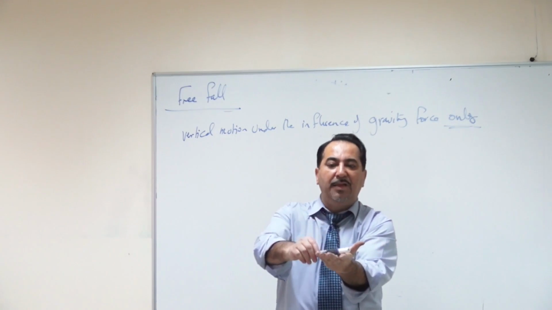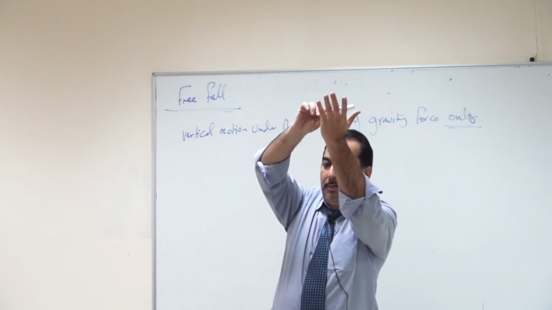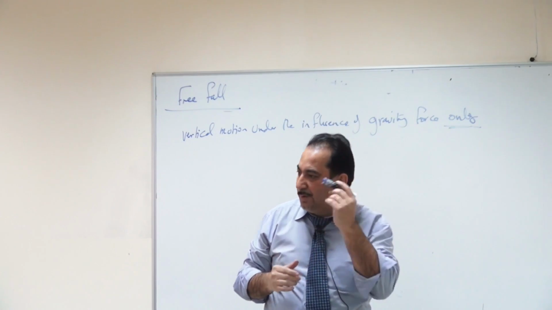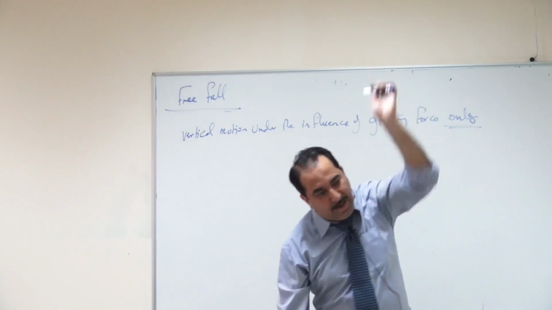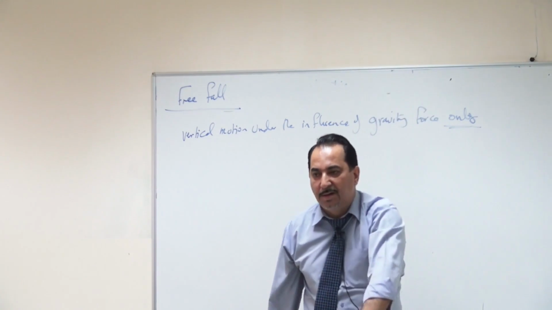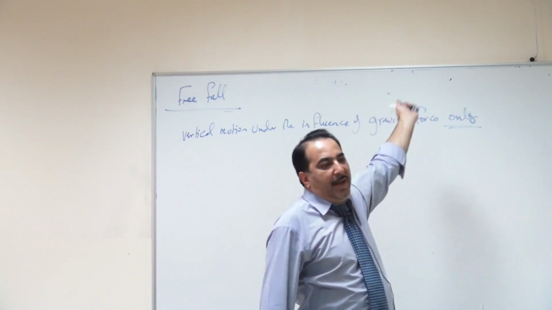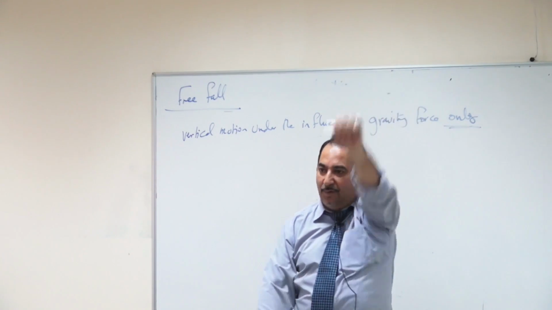When I open my hand, the pen goes up. Is my hand going with the pen? No. So do I apply a force on the pen? No. There is no applied force on the pen from my hand. Same if I throw the pen down: how many forces on the pen? One, not two. From here to there my hand is applying force, but this is not a free fall.